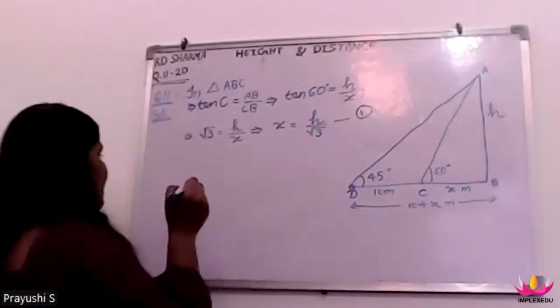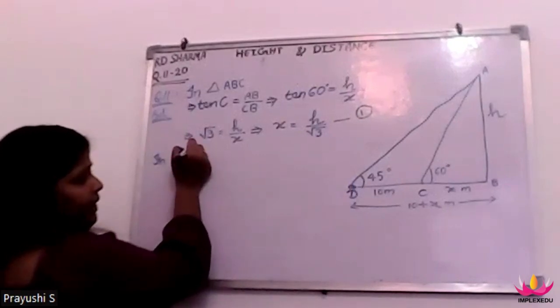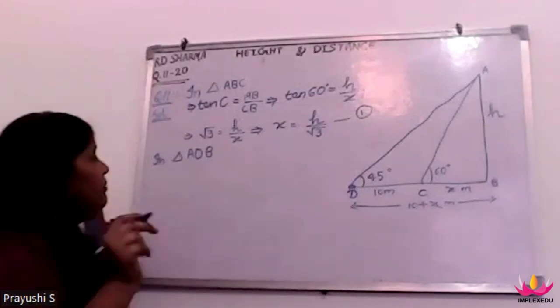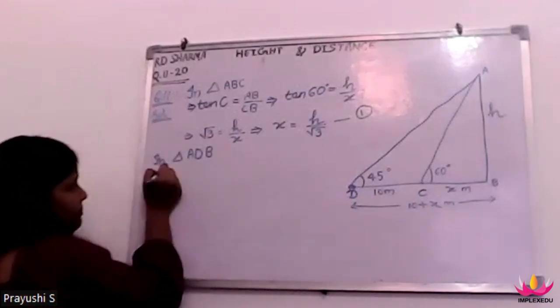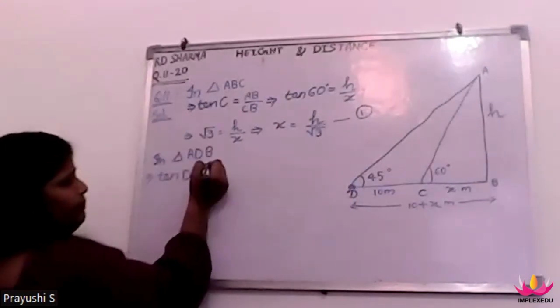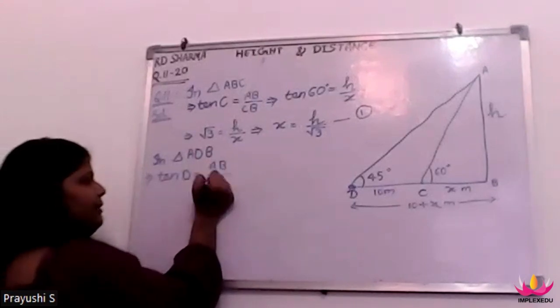Now, in triangle ADB, we get tan D is equal to AB upon DB.